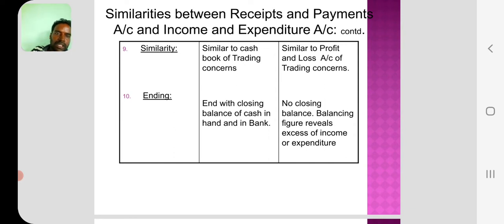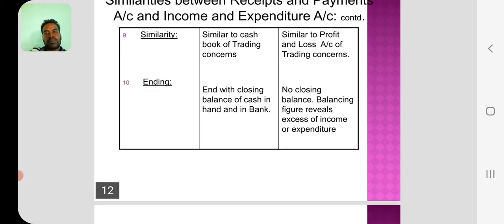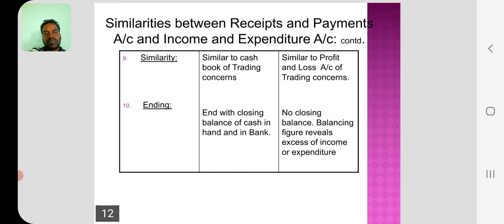Means cash book and receipts and payments account follow the real account rule. Profit and loss account and income and expenditure follow the nominal account rule.